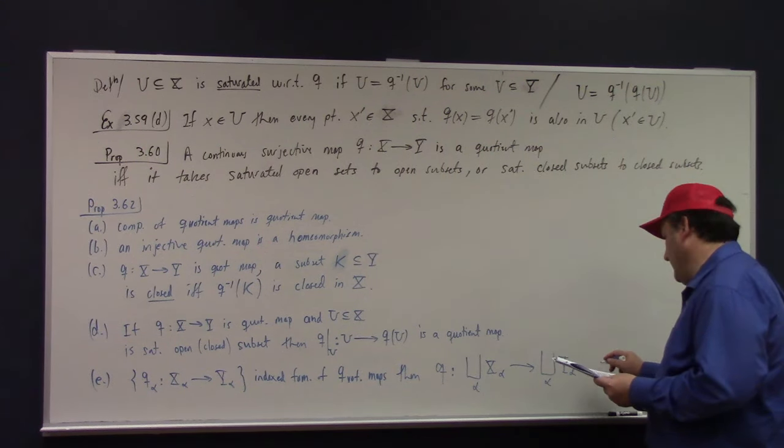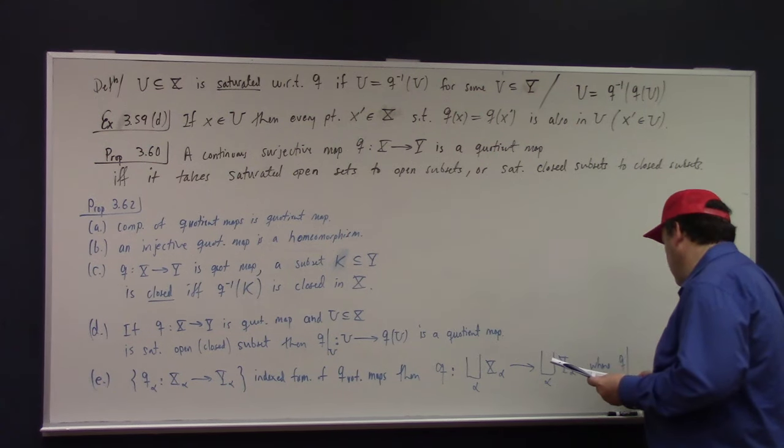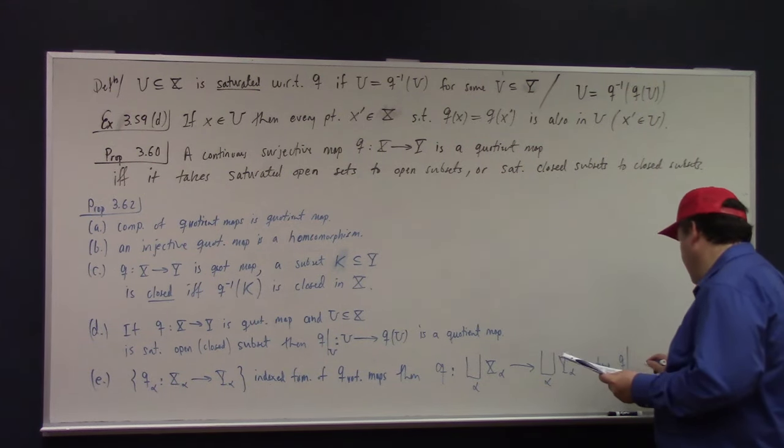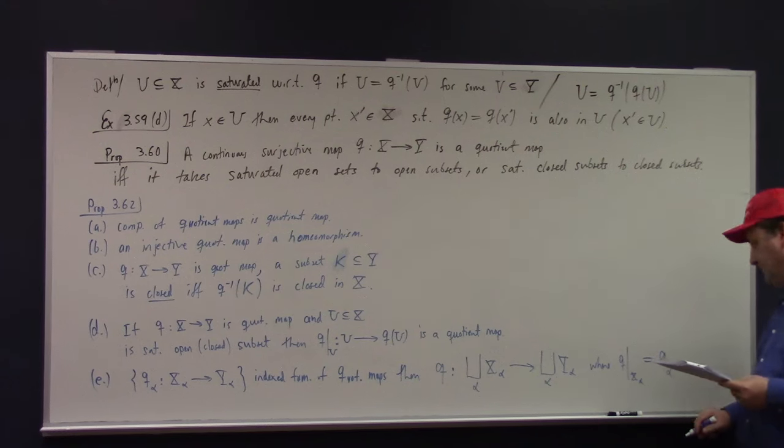It is a quotient map, where Q restricted to X alpha is equal to Q alpha. That's how we're building the Q.